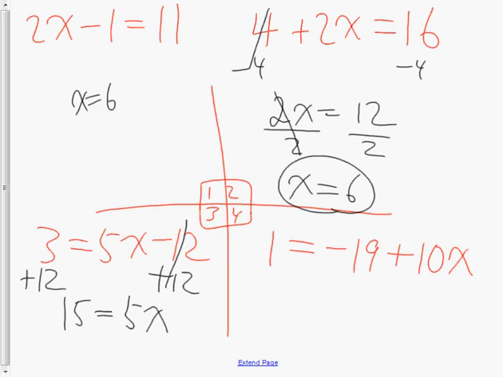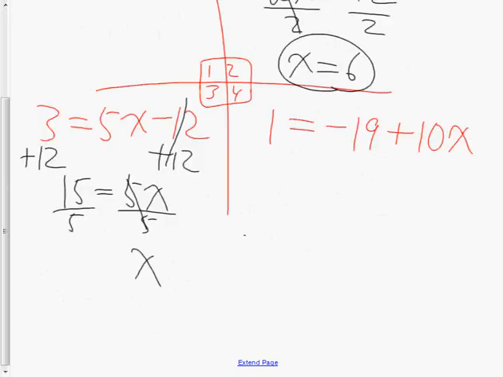If 5x equals 15, then if I divide both sides by 5, 5x divided into 5 groups will be 1x, and 15 divided into 5 groups will be 3. The solution is 3 equals x, or x equals 3. And that's the solution for that one.